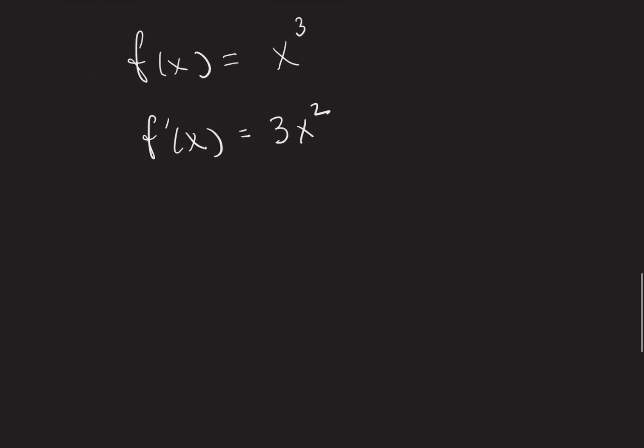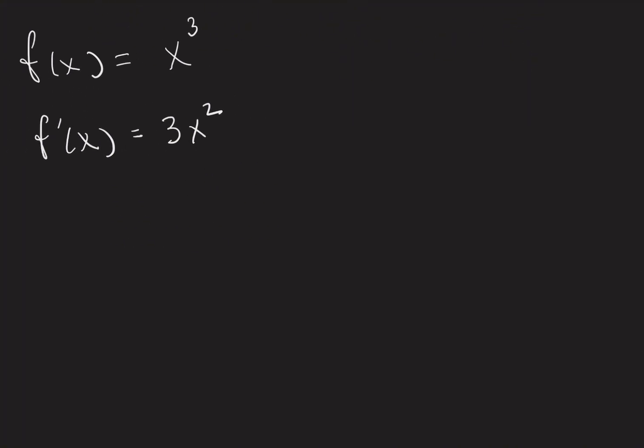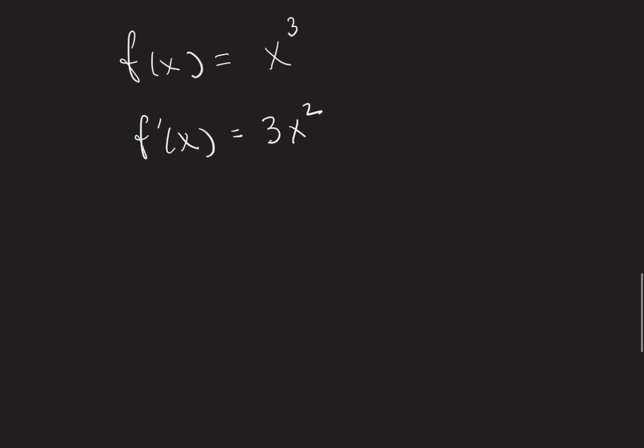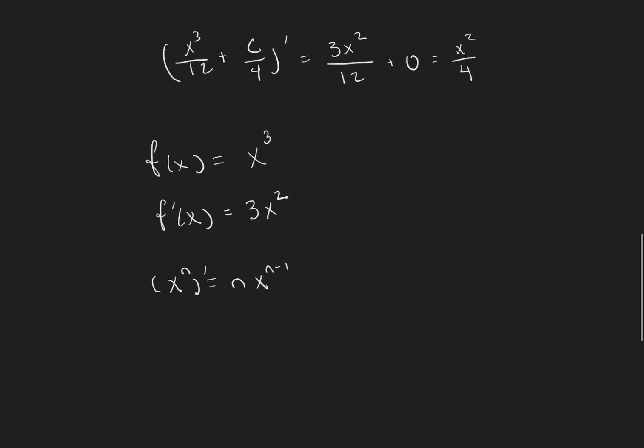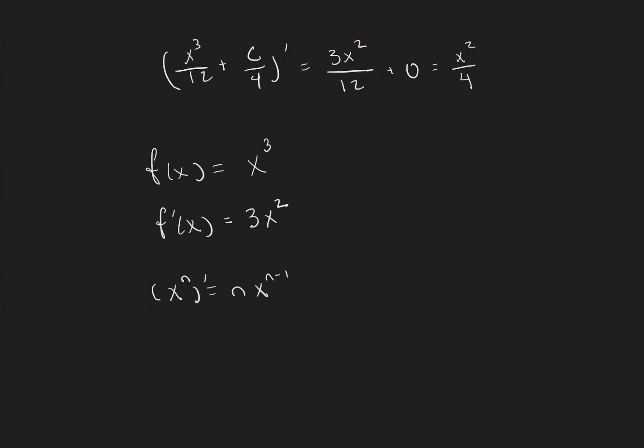Basically, the derivative of x to the power of n equals n times x to the power of n minus 1. That's basically finding the derivative.